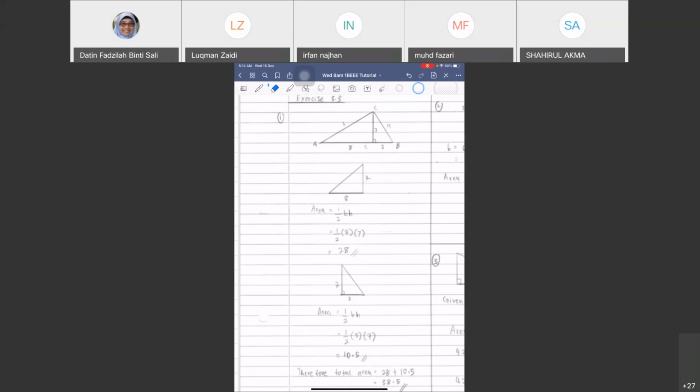If you look at question 1, you are given that triangle, and you are asked to find the area of the triangle. I hope you all can see this.